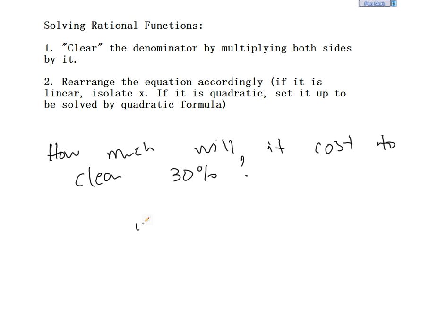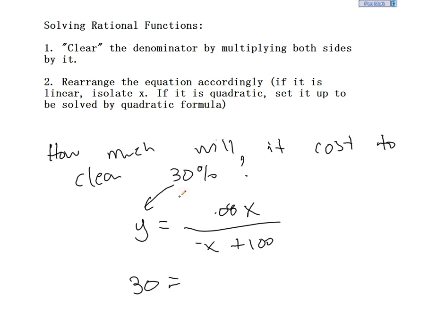In our equation, y equals 0.08x over negative x plus 100, we want to know for what value of x is the y 30. So we would have 30 equals 0.08x divided by negative x plus 100.